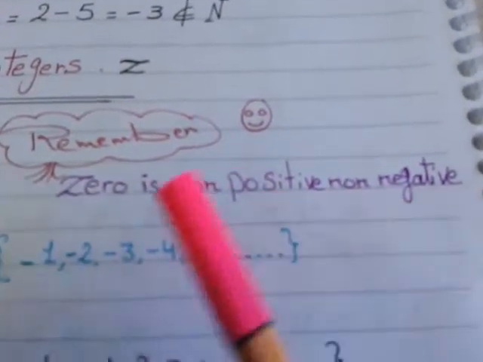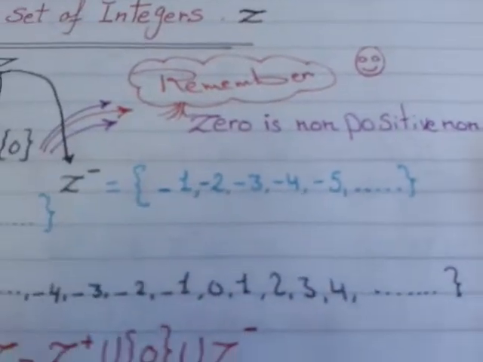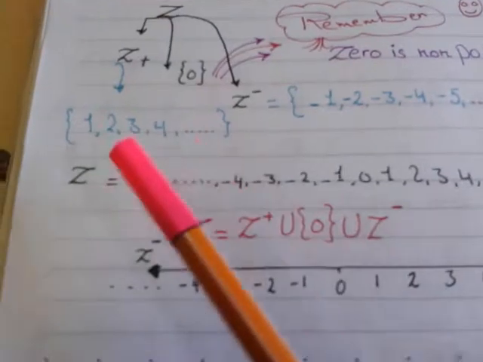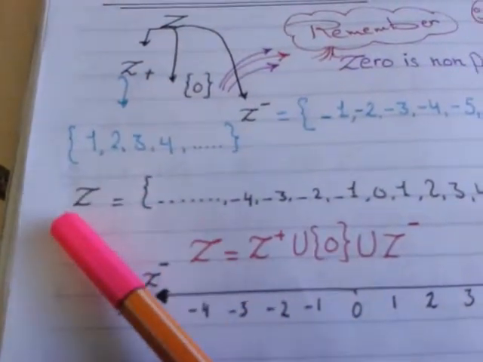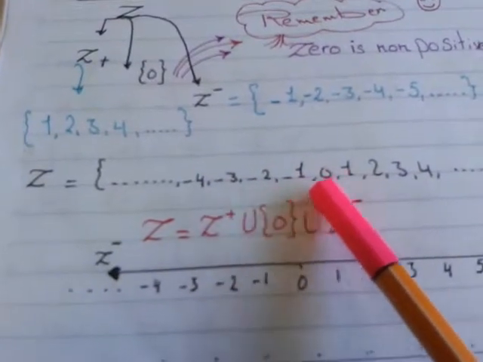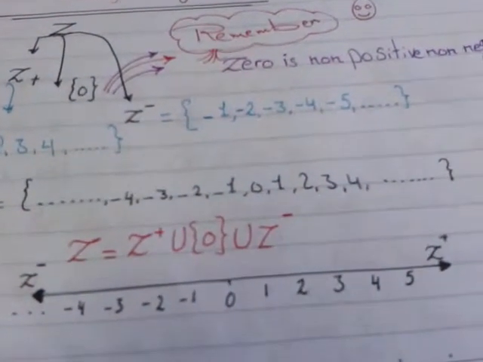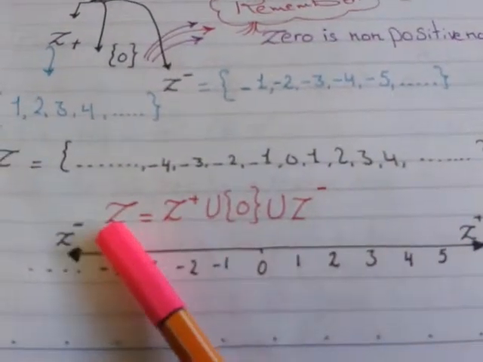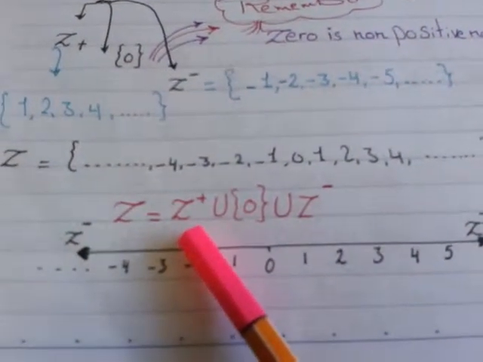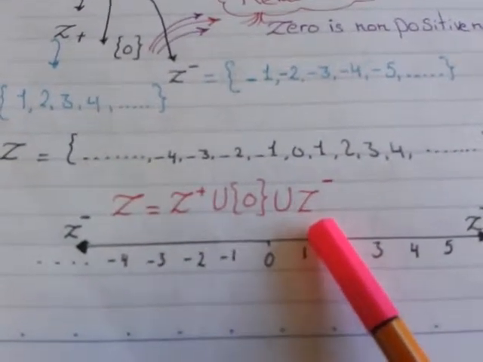Focus and remember this. So Z contains negative 4, negative 3, negative 2, negative 1, 0, 1, 2, 3, 4, and so on. So Z equals Z positive union 0 union Z negative.